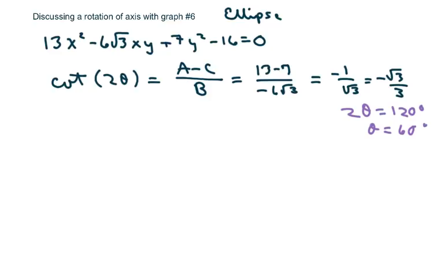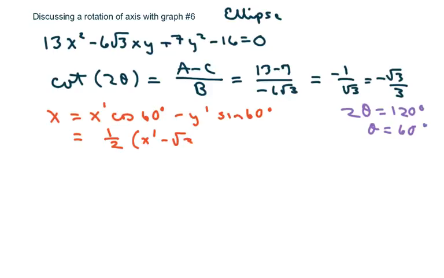And then remember our rotation formulas for x: x prime cosine of 60 minus y prime sine of 60, which in this case is going to give us, I'm going to go ahead and just write this out because we've already done this. So this is going to be 1/2 x prime minus root 3 over 2 y prime.